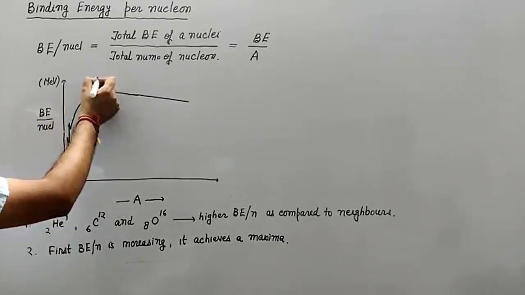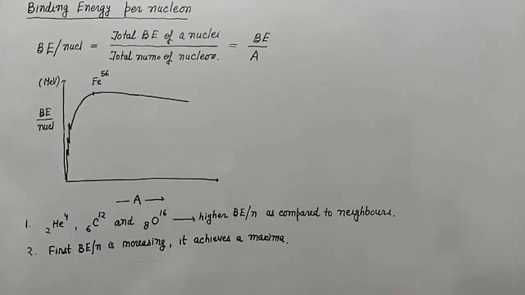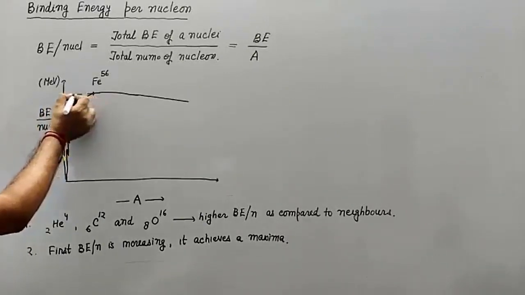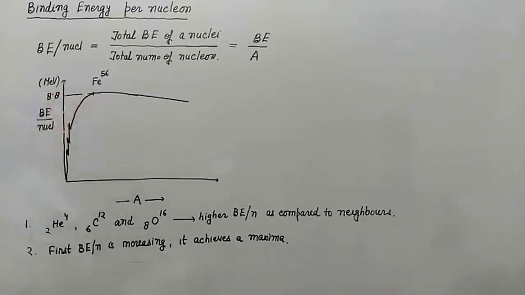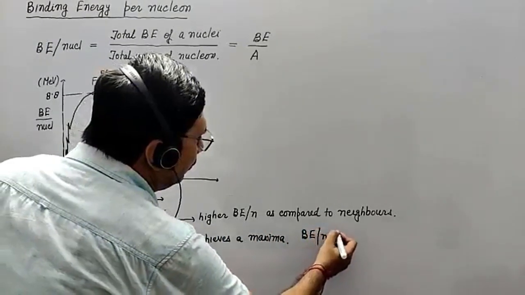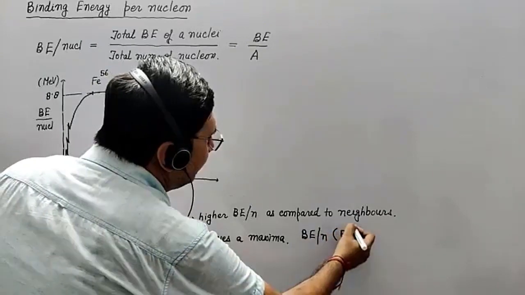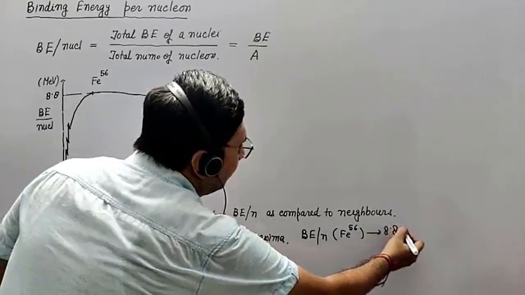For Fe56, the binding energy per nucleon is 8.8 MeV.